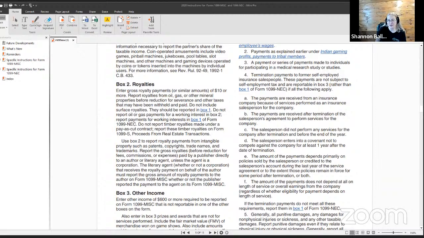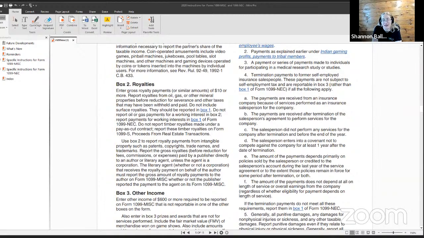So I did know a little bit about how the literary agent would get all of the royalties for their authors, and then they would have to take the royalties from their authors, withhold the fees, and then send what was left to their authors. And this was all on the old 1099 miscellaneous. And as far as I remember, it's always been box 2.